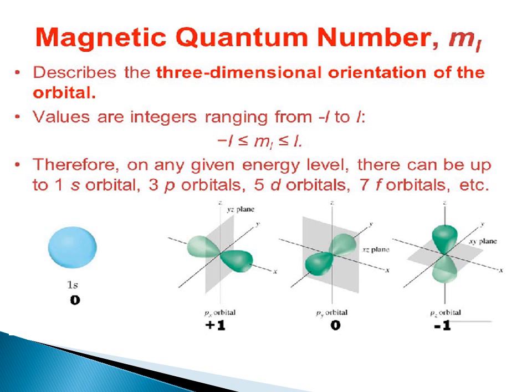Therefore, for any energy level, there can be up to 1 s orbital, 3 p orbitals, 5 d orbitals and 7 f orbitals. See this diagrammatic representation for the 1s orbital, for the px orbital, py orbital and pz orbital.